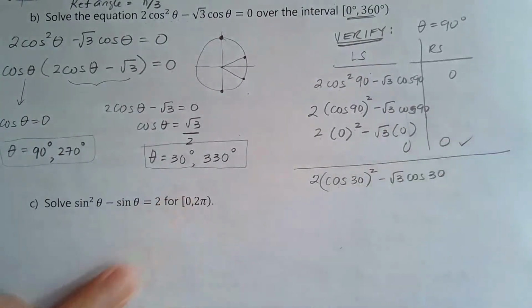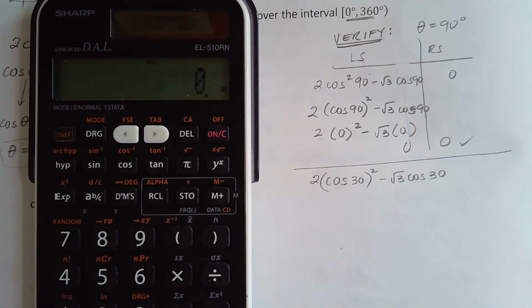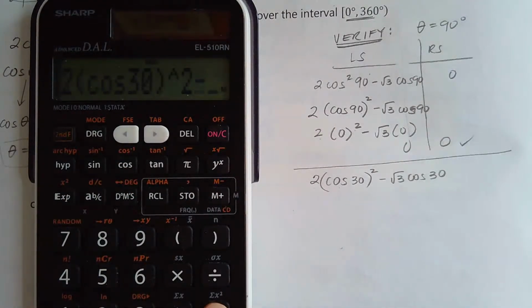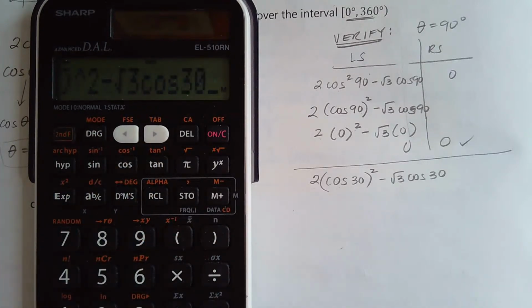I don't think my calculator could do that. I'm not sure if your calculator could do that. So I'm going to try it again. 2 times cos of 30 all squared minus square root of 3 cos of 30 degrees.